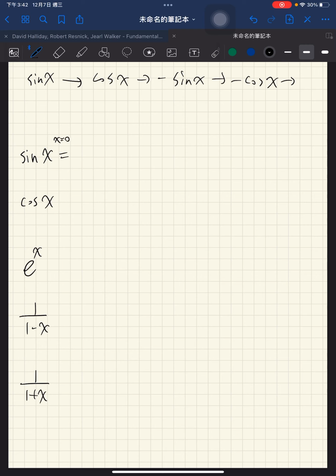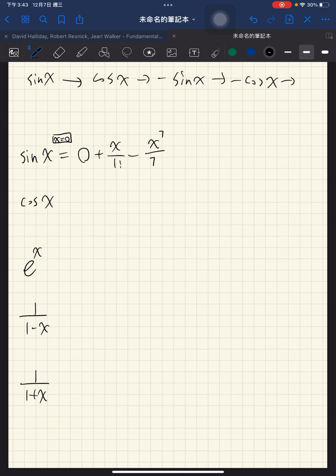So f(0), sine 0 is 0, right? And cosine of 0 is 1. And this is 0, and this is negative 1.